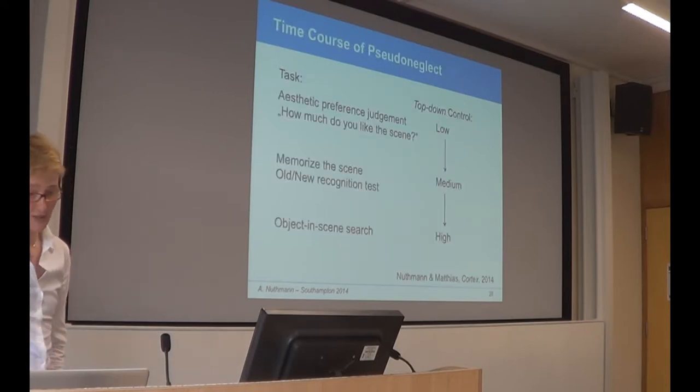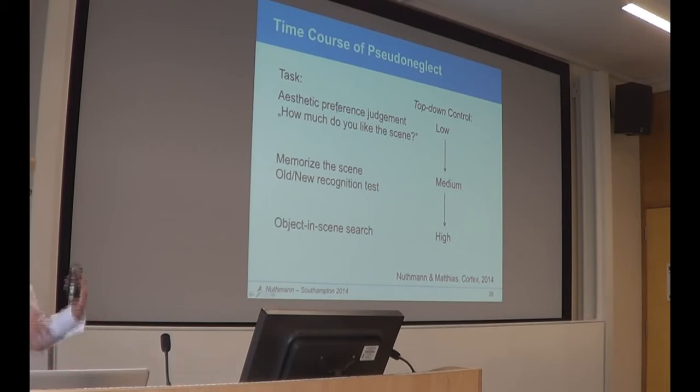In addition, we investigated how pseudoneglect depends on task-related control. That was a little bit of a speculative part of the project. We used three different viewing tasks that varied in the degree of top-down control they typically evoke. In the preference judgment task, participants were basically free to inspect the scene as they liked, so there was little to no task-imposed top-down control.